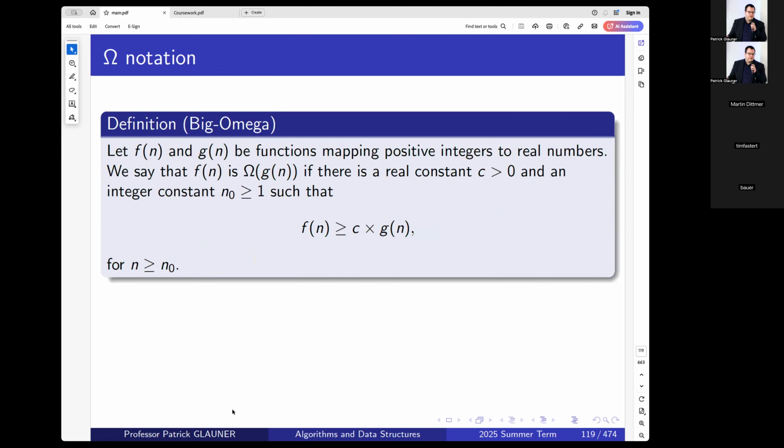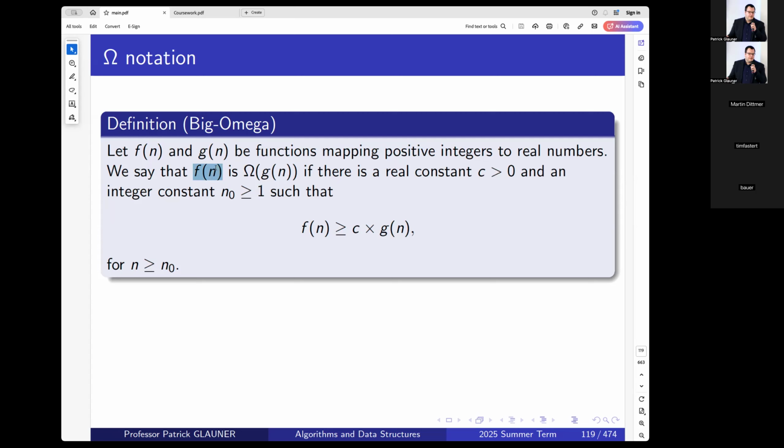Like there is the big O for an upper boundary, there is a big omega for a lower boundary. All the same as before: f of n and g of n are functions that map positive integers to real numbers.